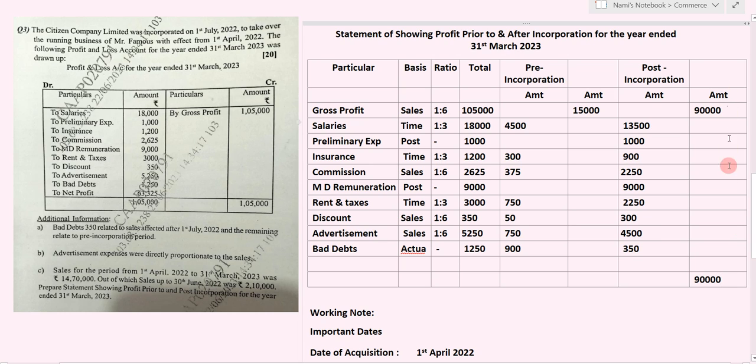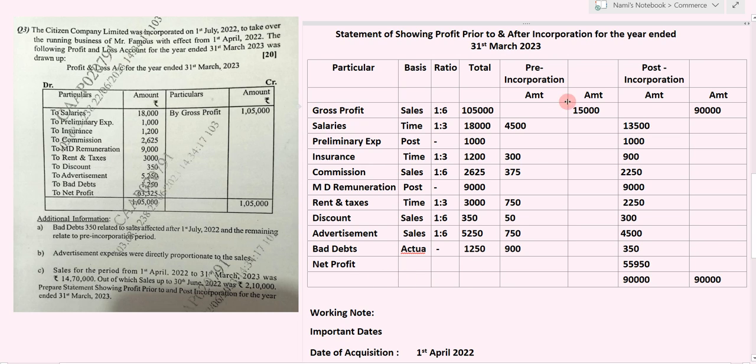Now add all this. You will see that the debit side is less and the credit side is more. The difference will be called net profit. So the difference is 55,950. So this will be called net profit.